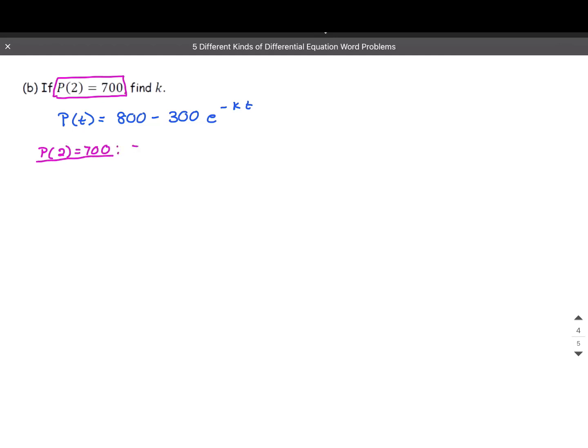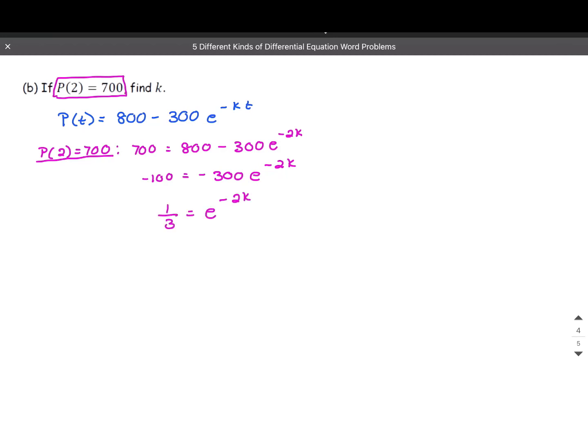So p is 700 equals 800 minus 300 e to the negative k times t, which is 2k, and we're going to subtract the 800 from both sides, so I have negative 100 equals negative 300 e to the negative 2k. Divide both sides by negative 300. I get 1/3 equals e to the negative 2k.